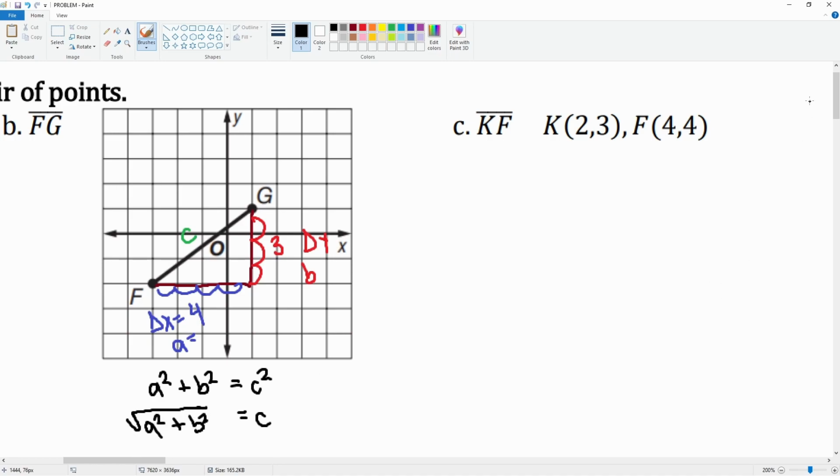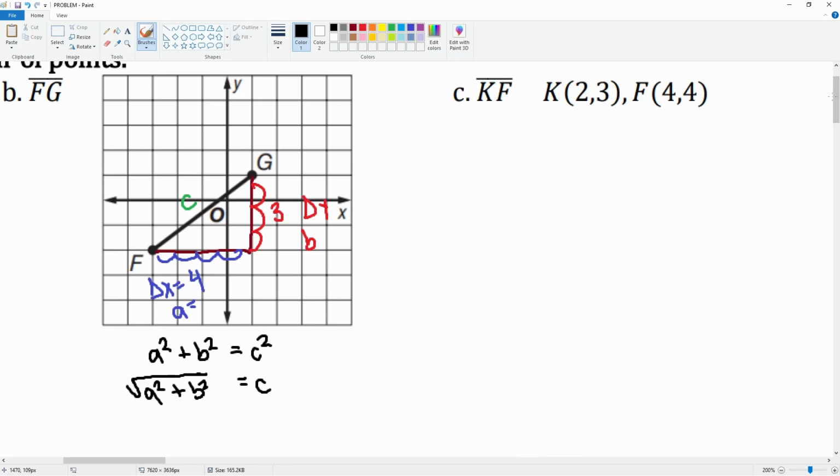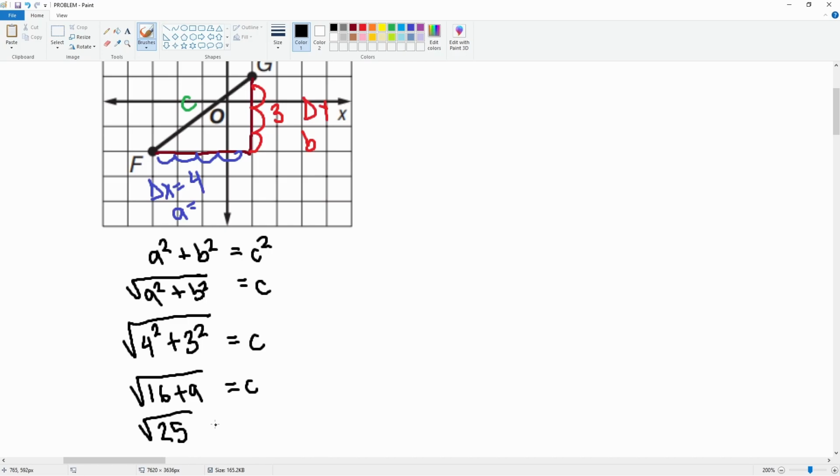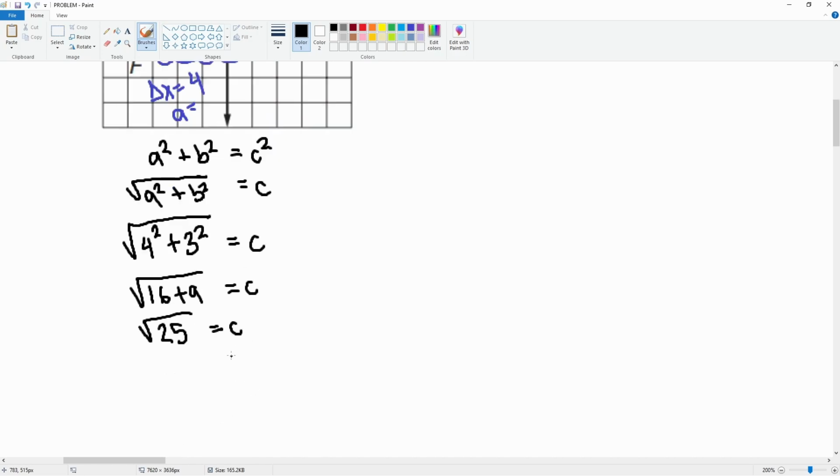Okay. Now we just plug this in to our equation. It is square root of 4 squared plus 3 squared equals c. Square root of 16 plus 9 is equal to c. Square root of 25 is equal to c.